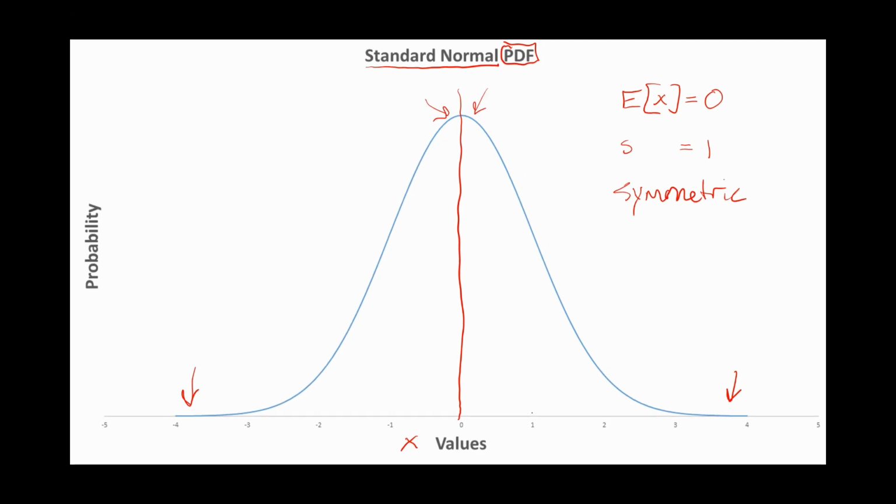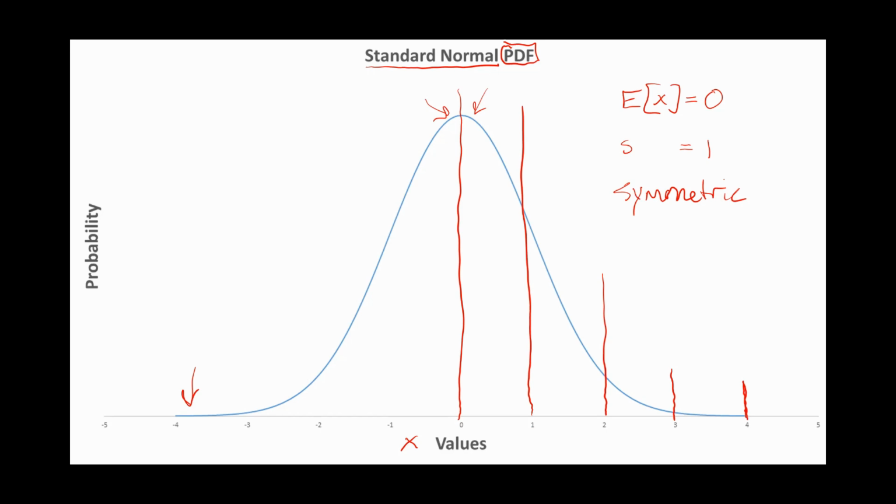So if we were one standard deviation above the mean, you can see that it's less likely to find a value somewhere around 1 than it is to find a value somewhere around 0. And likewise for 2 standard deviations above the mean, and 3 standard deviations above the mean, and 4 standard deviations above the mean.